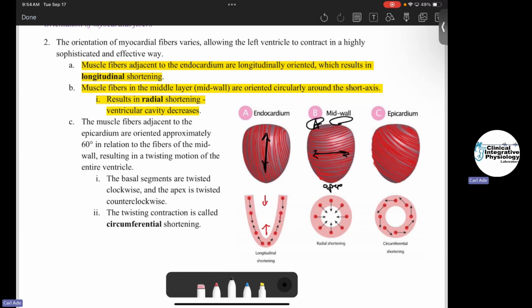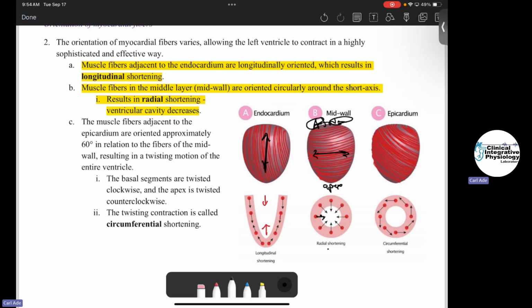So they wrap more around the short axis, and these actually result in what's referred to as radial shortening. So if I cut the ventricle and look straight down into it, that's what I see with this radial shortening. When these contract, they squeeze it down like this.